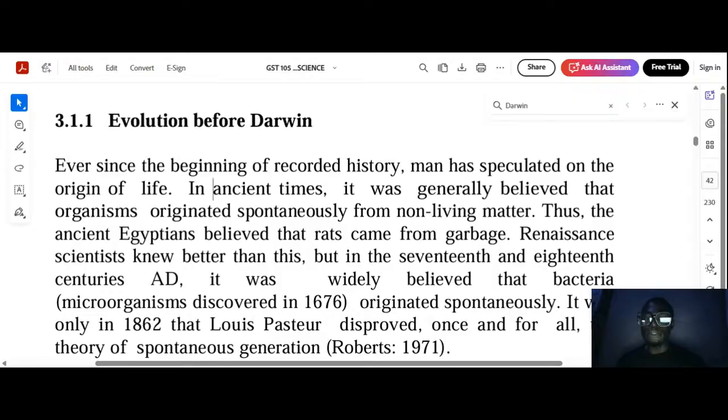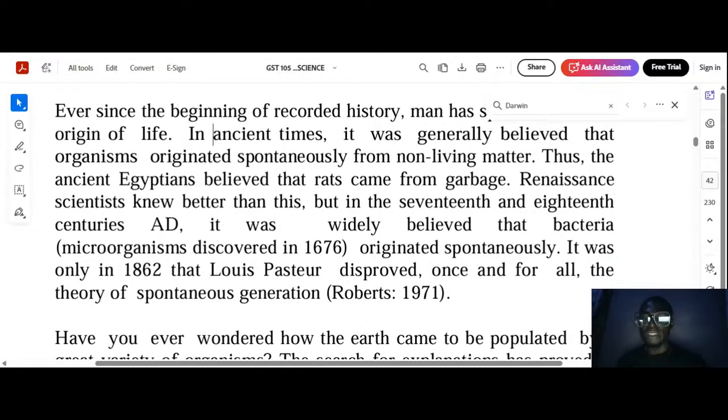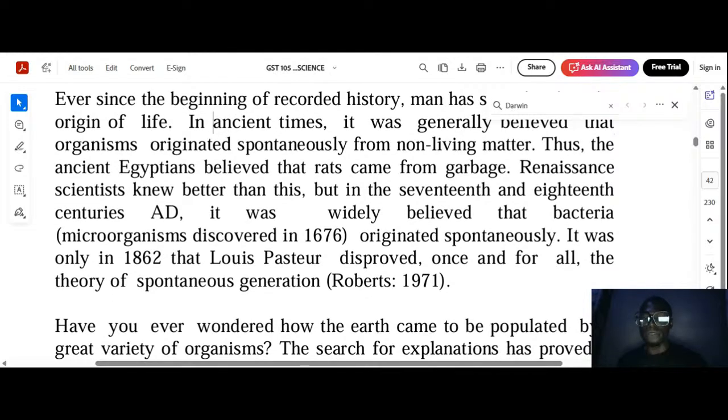Renaissance scientists knew better than this, but in the 17th and 18th centuries AD, after the death of Christ, it was widely believed that bacteria, microorganisms, which were discovered in 1676, originated spontaneously. It was only in 1862 that Louis Pasteur disproved once and for all the theory of spontaneous generation.